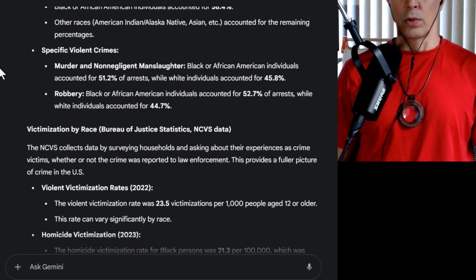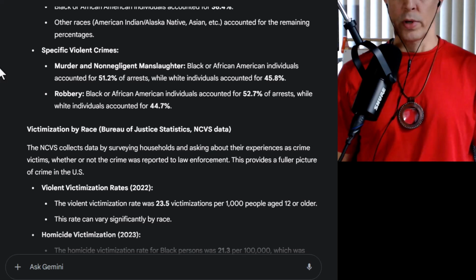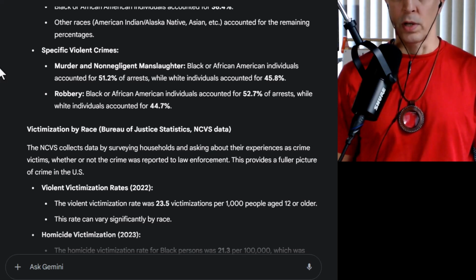So now when you take things in proportion, whites make up the majority of the population of the United States by far. Blacks are only 13%, I believe.